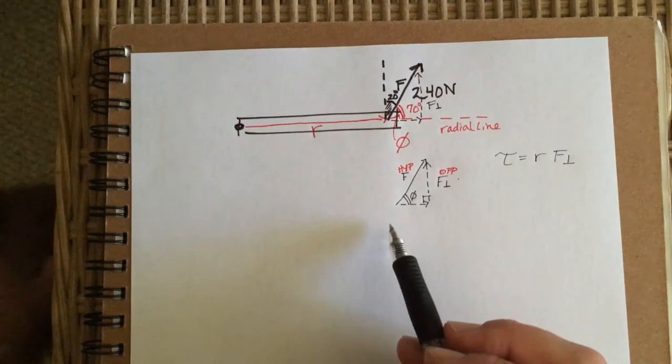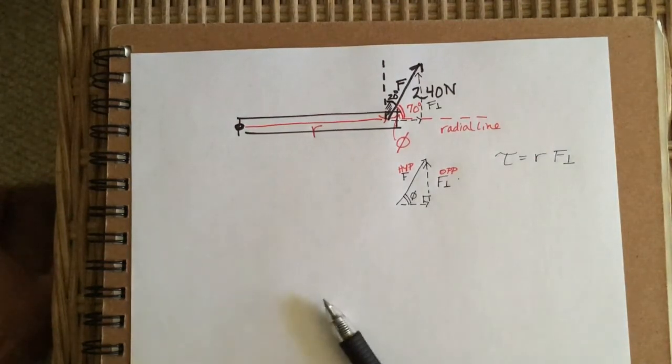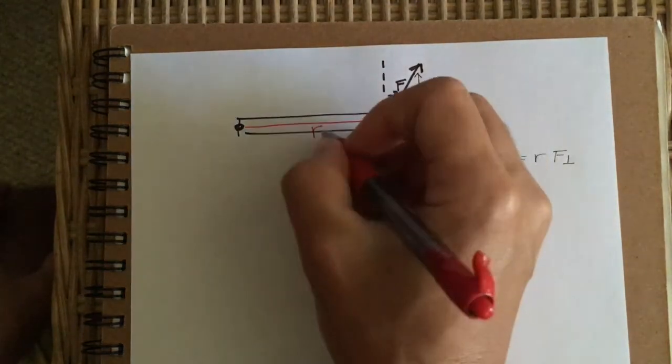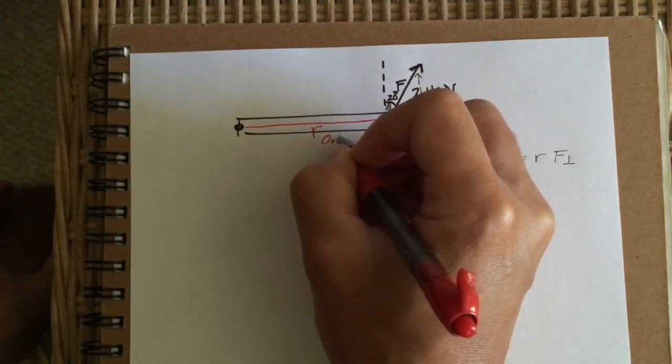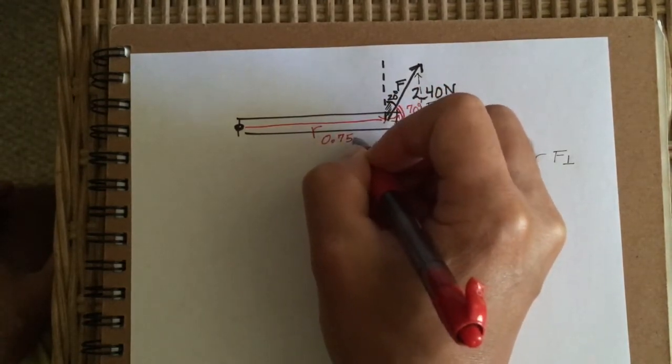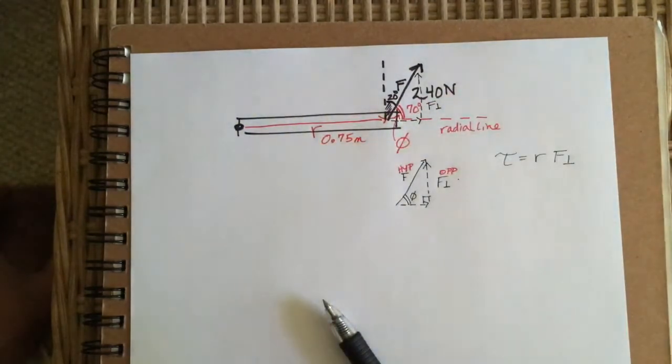I think they tell us that the R value is 0.75 meters, or 3/4 of a meter, or 75 centimeters. So 0.75 meters, almost a full meter stick.